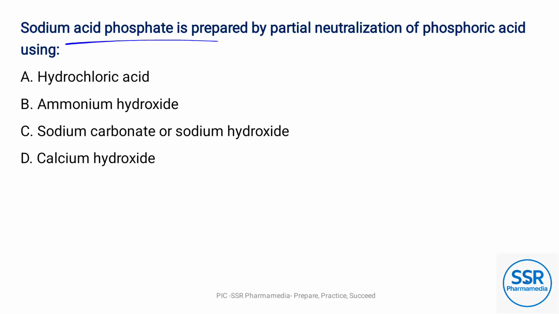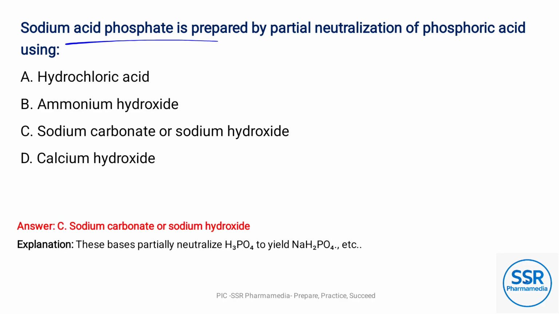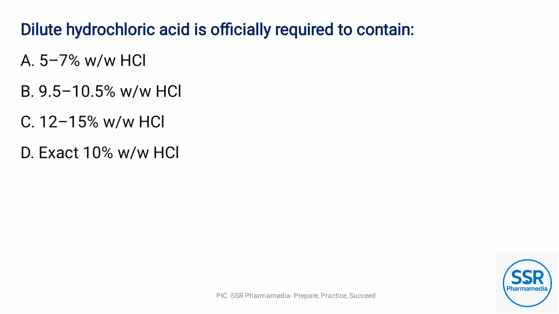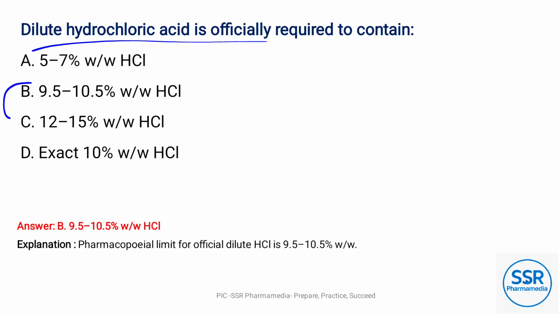Sodium acid phosphate is prepared by partial neutralization of phosphoric acid using, option C, sodium carbonate or sodium hydroxide. Dilute hydrochloric acid is officially required to contain, option B, 9.5 to 10.5 percent by weight of hydrochloric acid.